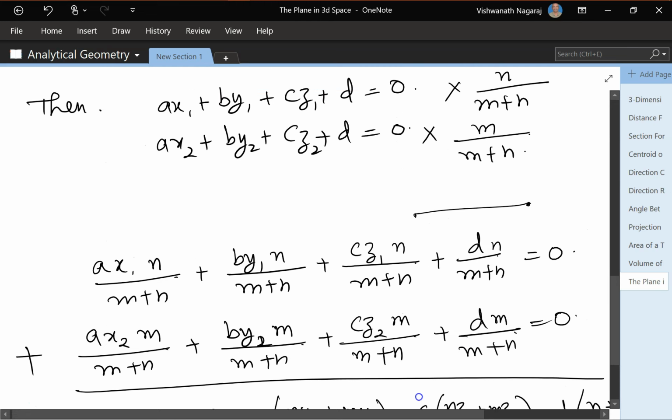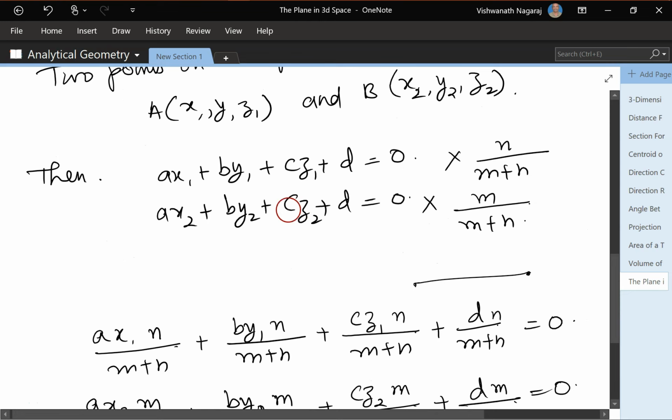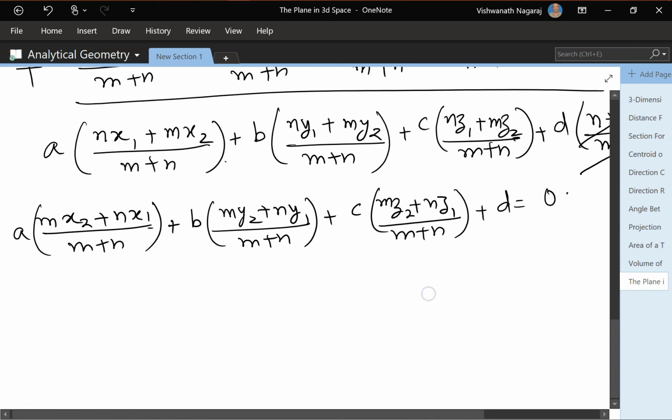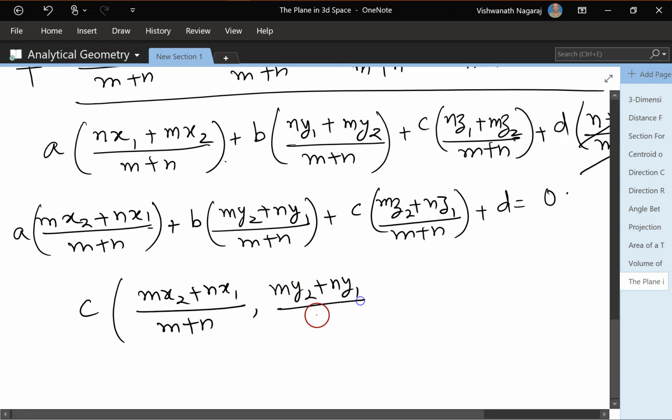Now this is of the same form as this, right? So which means that this represents a point ((mx2 plus nx1) by m plus n, (my2 plus ny1) by m plus n, (mz2 plus nz1) by m plus n).